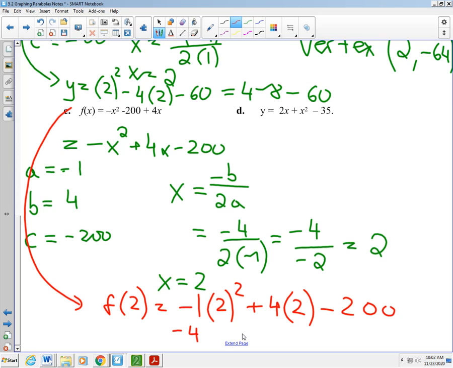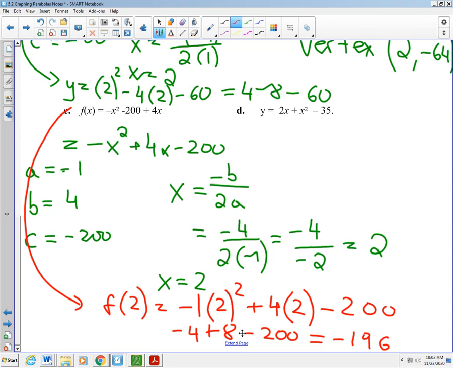minus 200. So if you calculate this, your final answer should be negative 196. Okay, so this will be equal to negative 196. So what is your final answer to this question? Because the question was phrased, find the vertex.